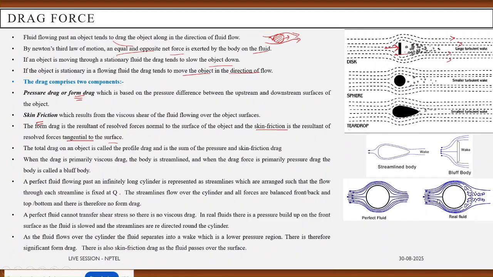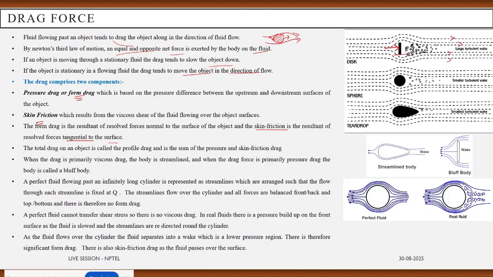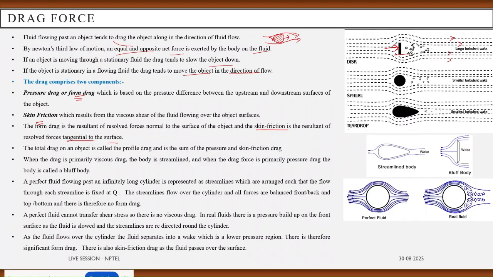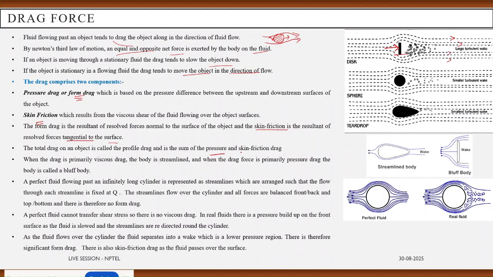So we were talking about this form drag and skin friction. The total drag of any object will be the summation of the pressure drag and skin friction drag.